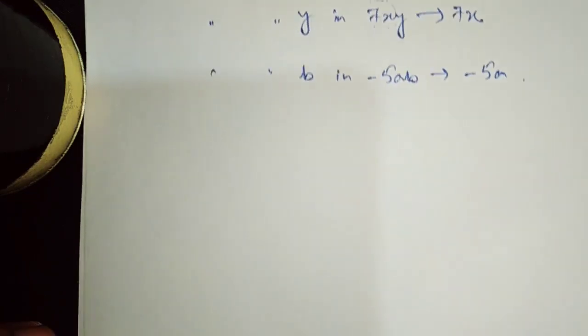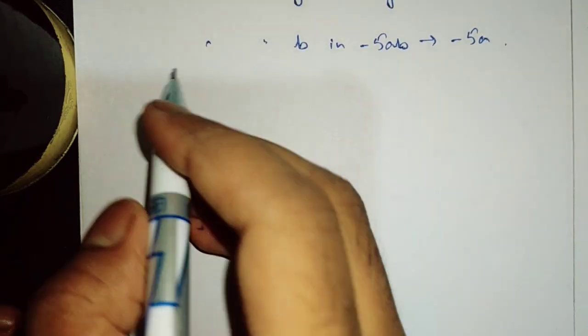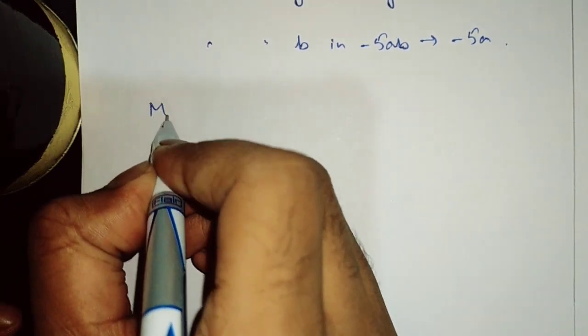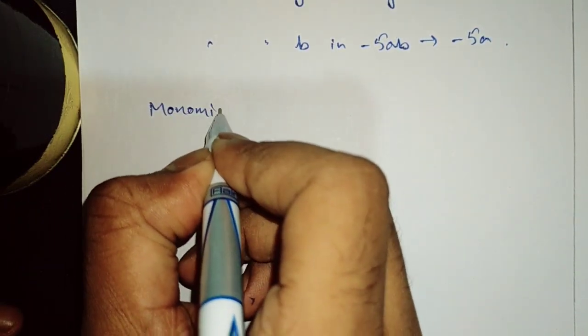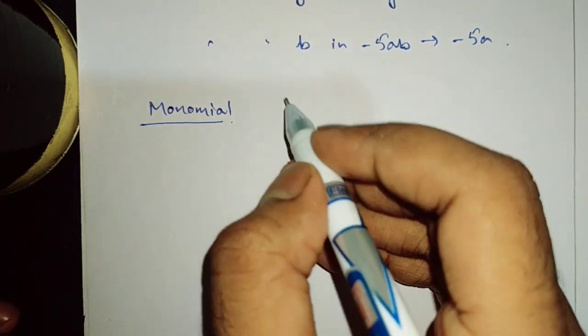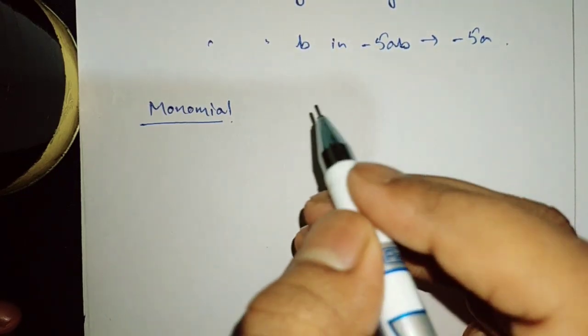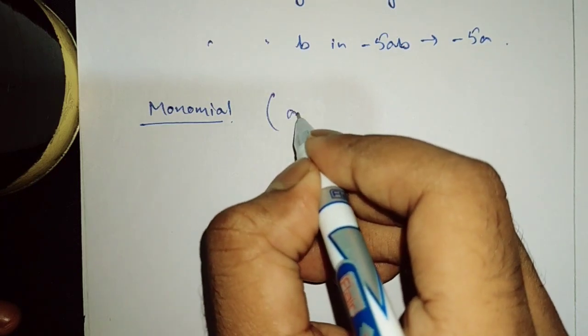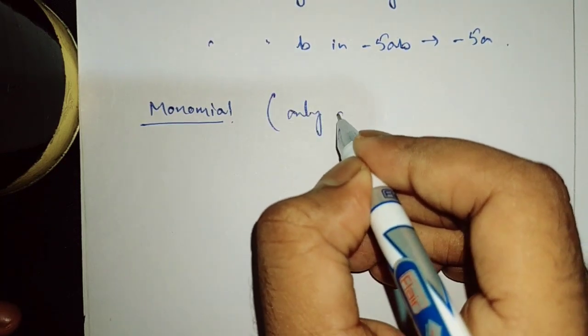Now we'll discuss some general terms like monomial. Monomial means algebraic expressions having only one term.